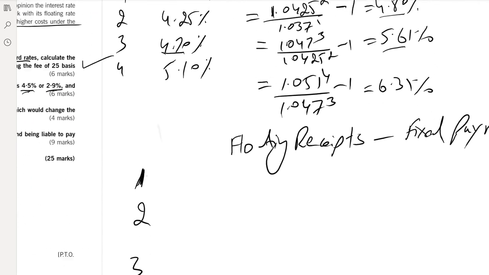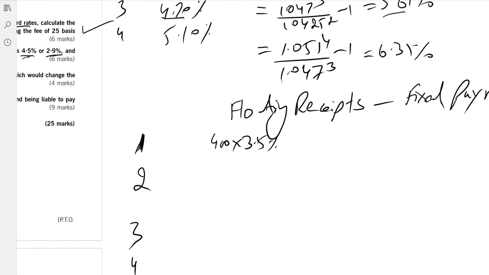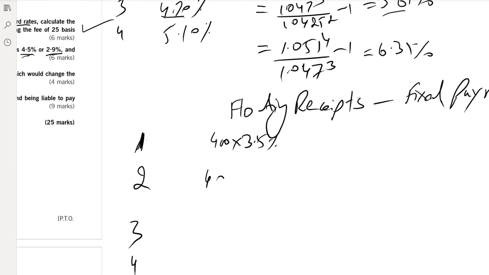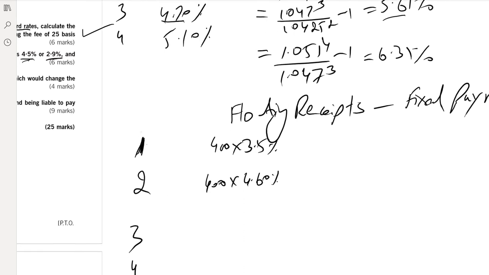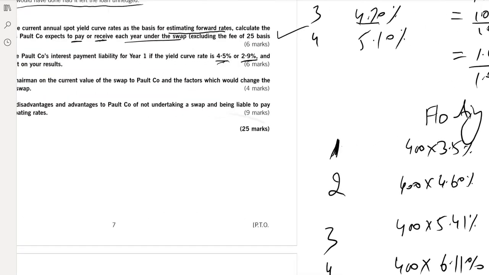So first year we will receive 3.5%. In second year we will receive 4.6%. In third year we will receive 5.41%, and fourth year 6.11%.